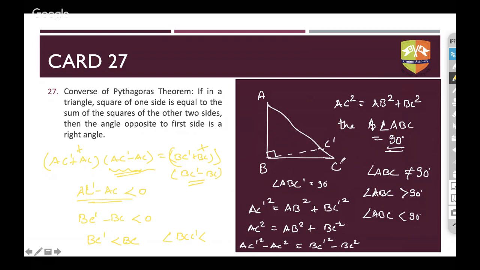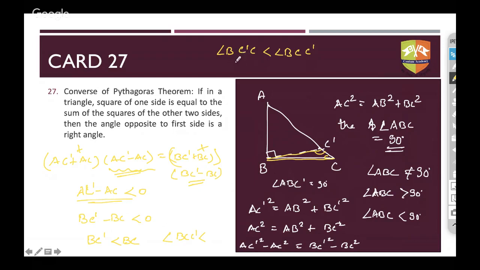So in this triangle BC dash C, basically this side is less than this side, so this angle will be less than this angle. So I'm writing here, don't mind. That means angle BC dash C is less than angle BCC dash.